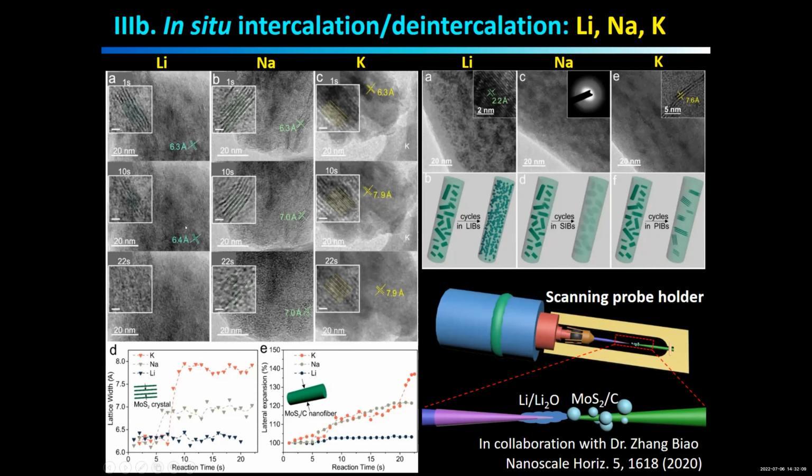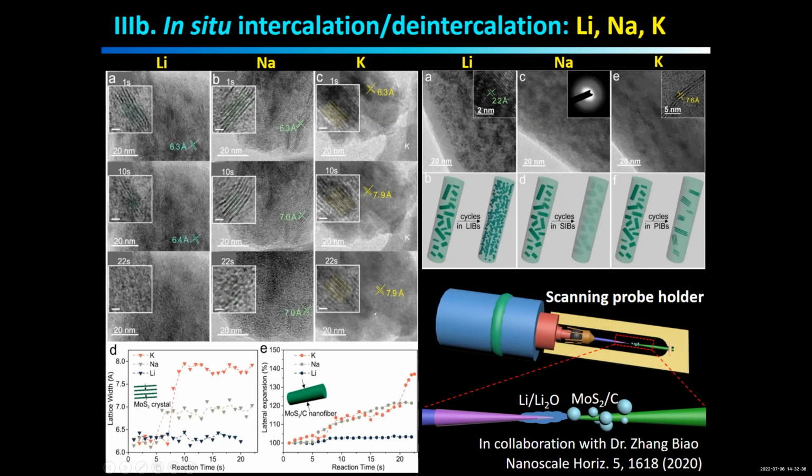However, as the intercalation process goes on, the molybdenum sulfide layered structure will be destroyed for the lithium and the sodium case. So that indicates that when the lithium and the sodium accumulate inside the MoS2, the intercalation process will be switched to a conversion process so that the layered structure of MoS2 will be decomposed and destroyed.